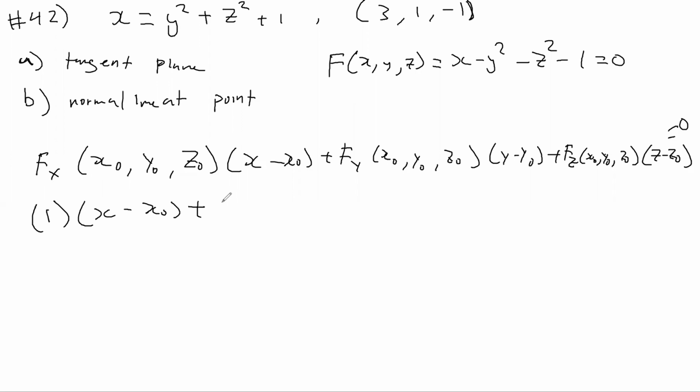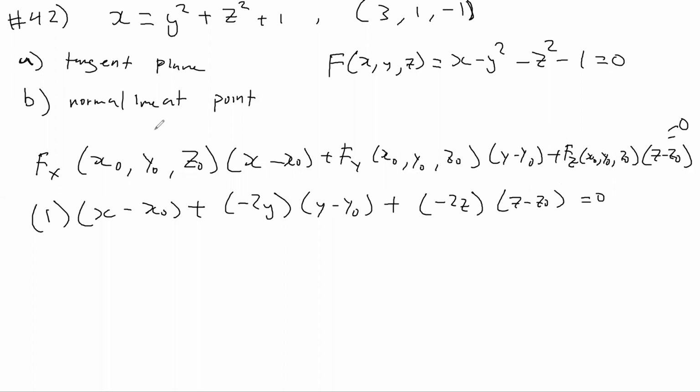I'll explain the x naught, y naught, and z naught in a bit. Then f sub y is going to be negative 2y, and lastly f sub z is negative 2z, times z minus z naught, which is equal to 0.